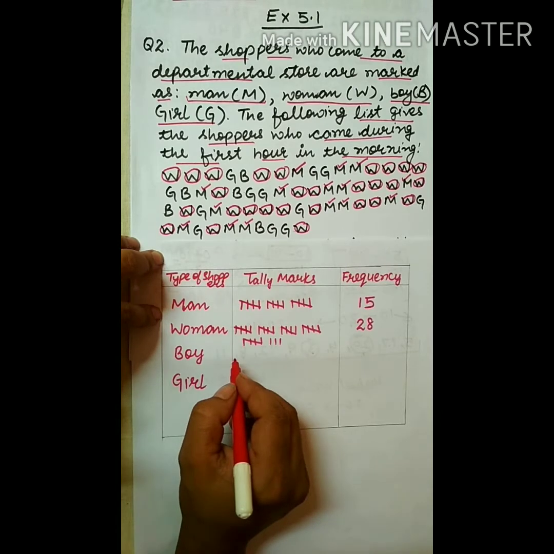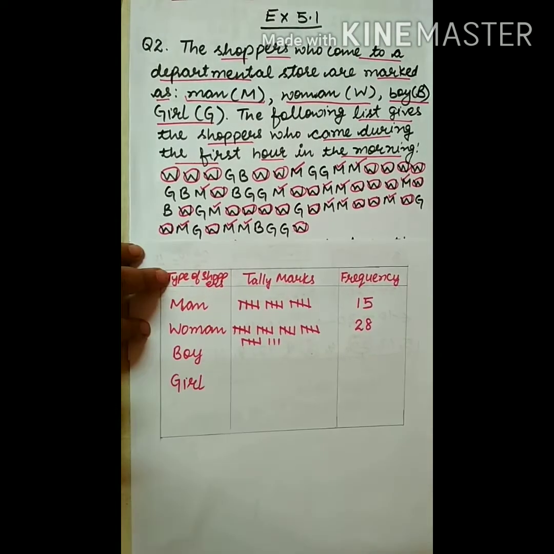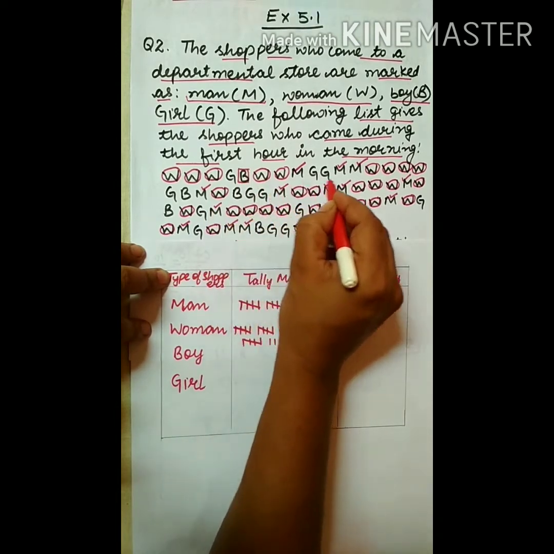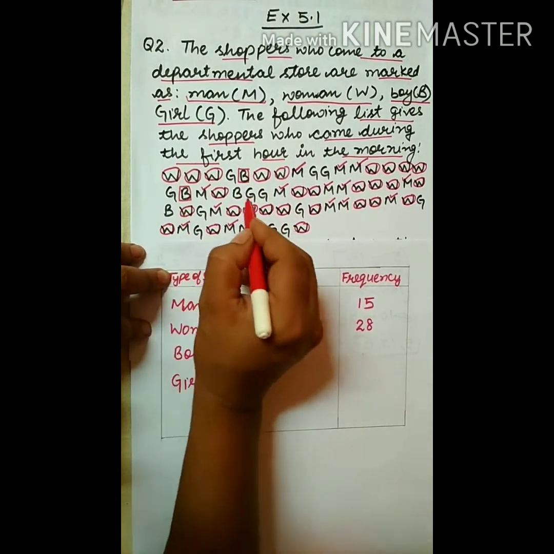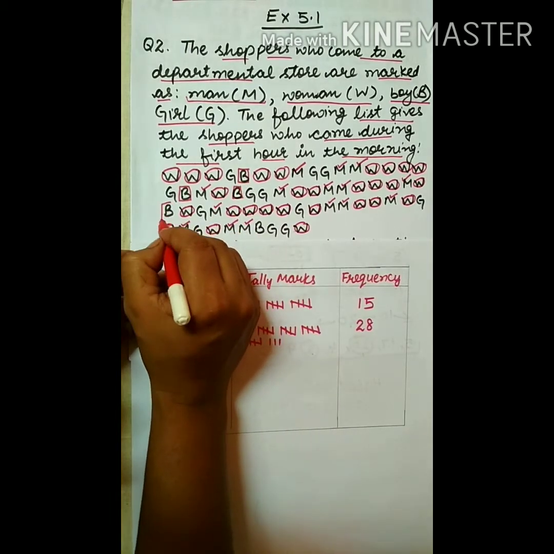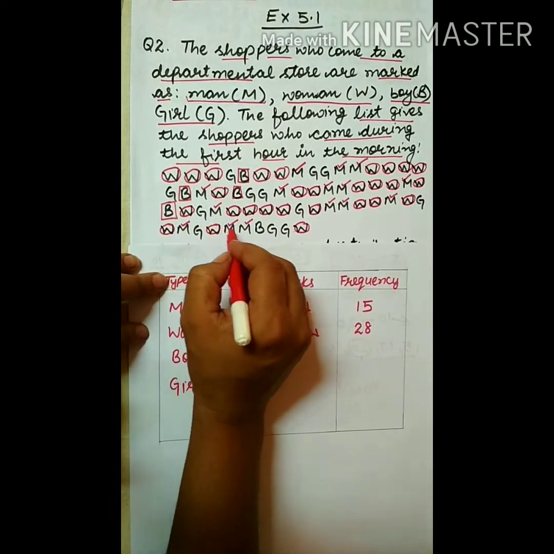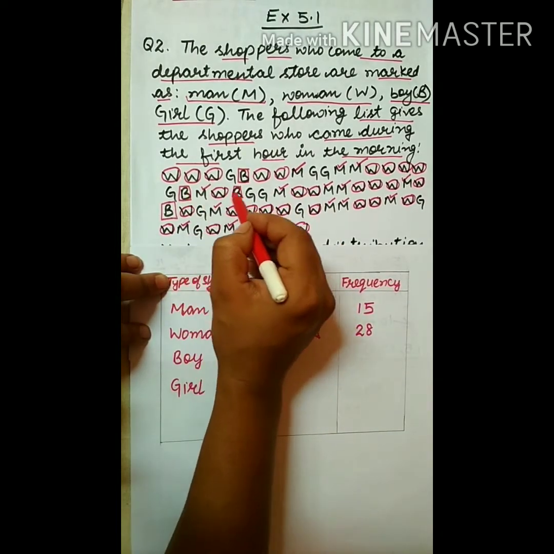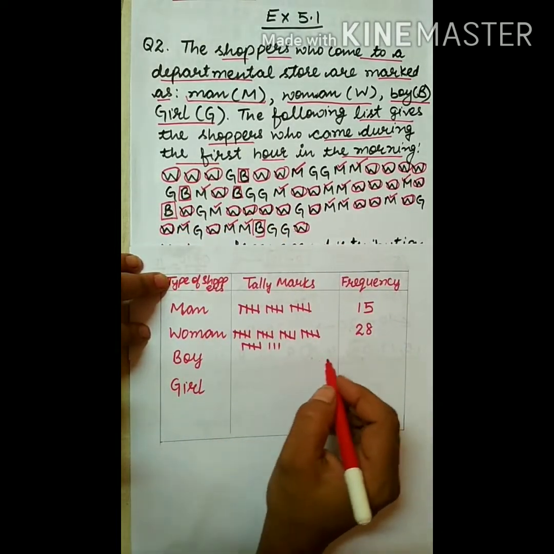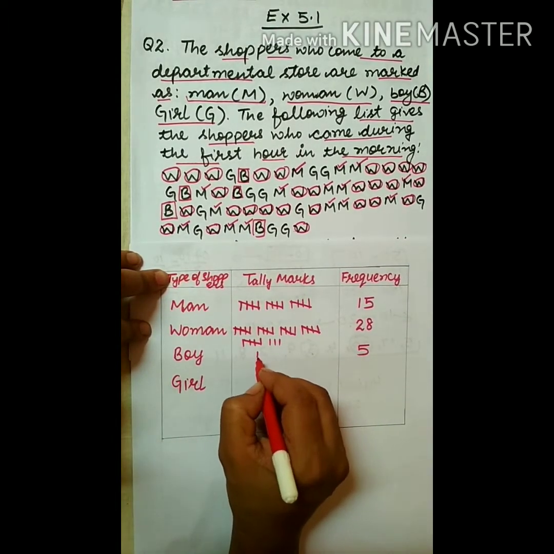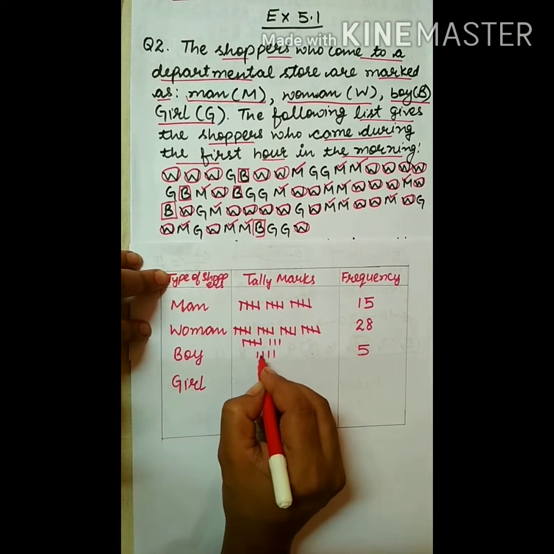Now I will count for the boys. 1, 2, 3, 4, 5. So the number of boys is 5 here. So it is 1, 2, 3, 4, 5.